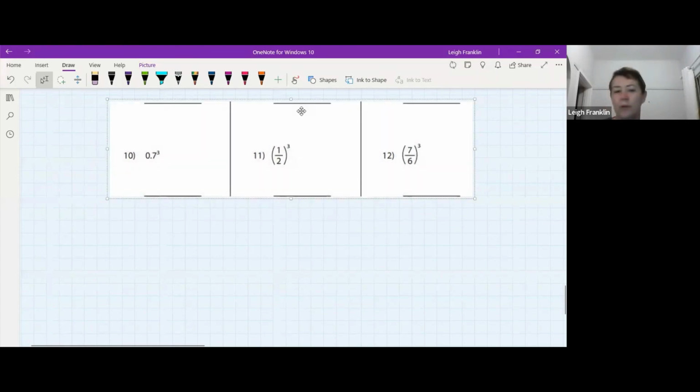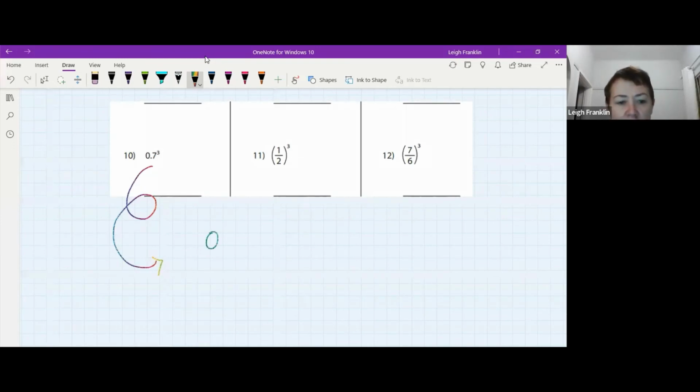Do you think we can cube a decimal? Well, yes, absolutely, because we can cube any number. All right, so now if we cube a decimal, what does it mean?